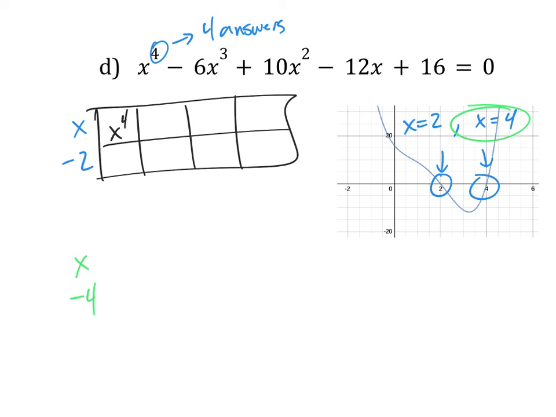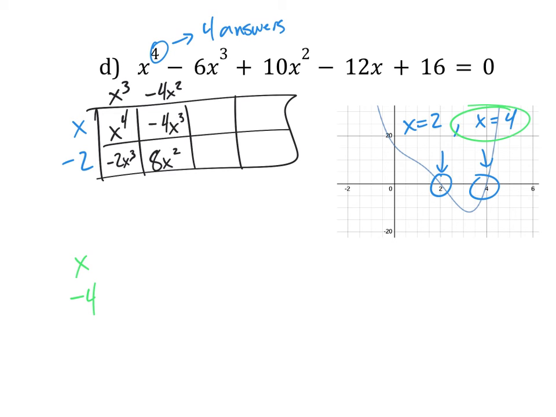x to the 4th goes here. We're going to have an x to the 3rd up here. That means that we're going to have a negative 2x cubed. That's not what I want. I want negative 6, so I need to subtract 4 more x cubeds. So then I'll have negative 4x squared there, which means that I'll have an 8x squared there.